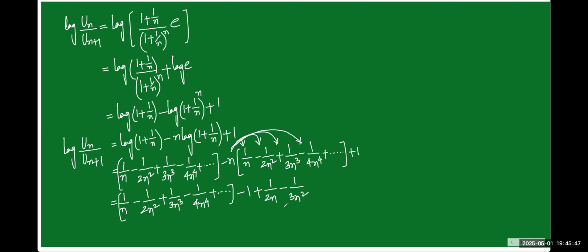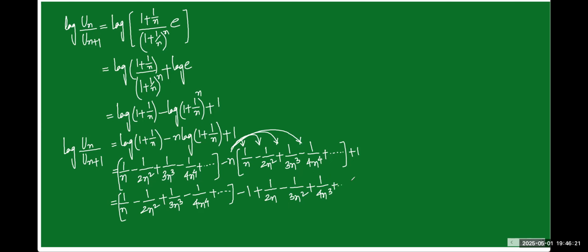So what happened after this step? Minus into minus plus. N and n cancel, 1 by 4n power 3, and so on.